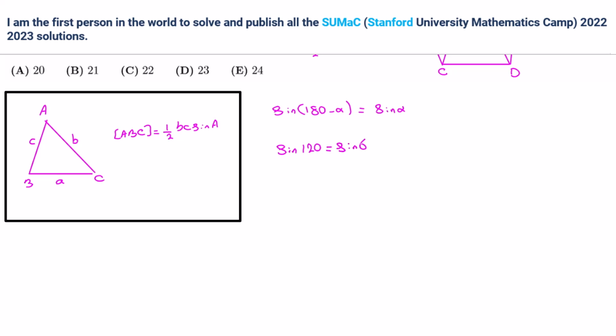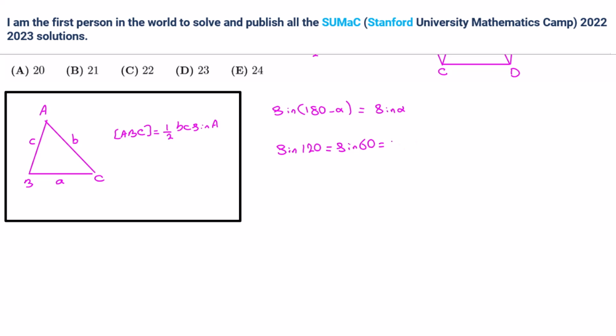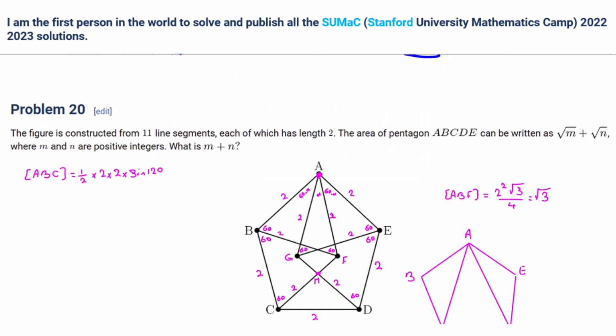Sine 60. And sine 60 is what? Root 3 over 2. Now for this triangle, I say 1/2 times 2 times 2 times sine 120.